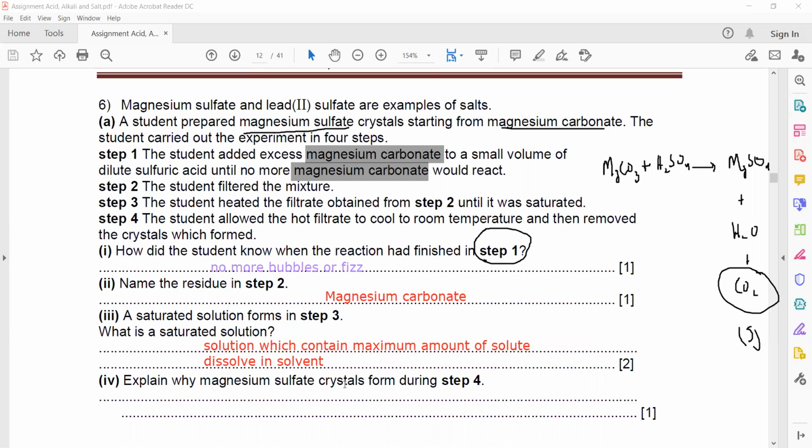Explain why magnesium sulfate crystals form during step 4. Why is there a formation of magnesium sulfate crystals? Yeah, due to crystallization. But why crystallization? No, there's no reaction in dissolving or crystallization. There's no chemical reaction. It is a physical change.